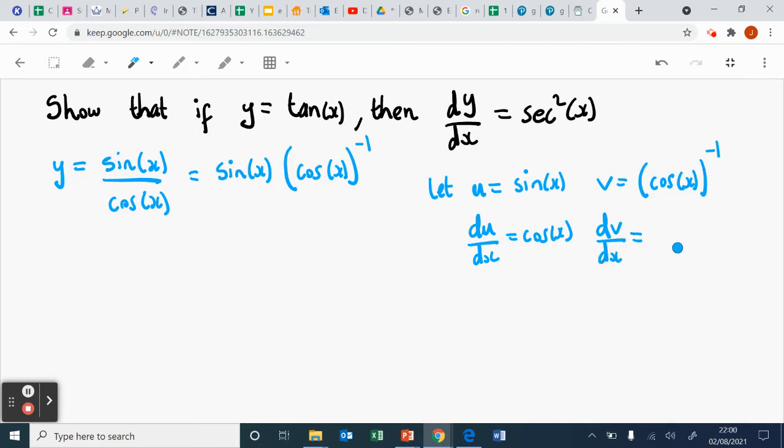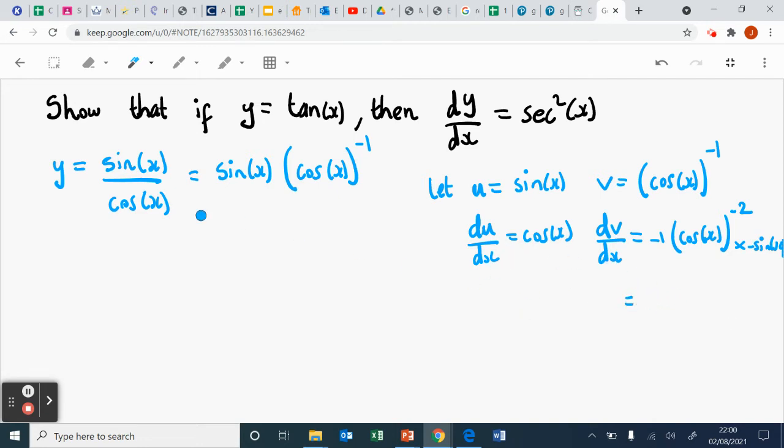This is the chain rule. So this minus 1 comes in front. So minus 1 times cos x, take the power down by 1, so it's to the power of minus 2. And that is multiplied by the derivative of the inside. So minus sine x. Let me just write that over here.